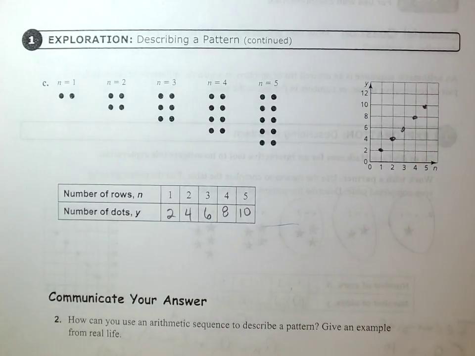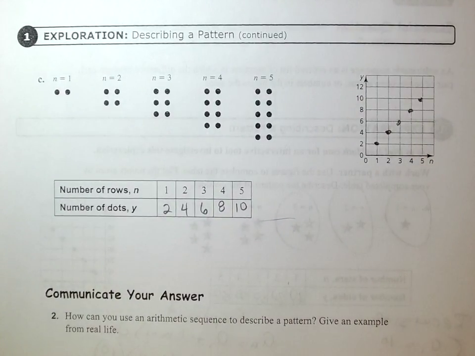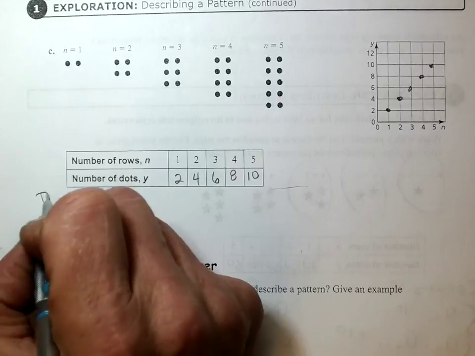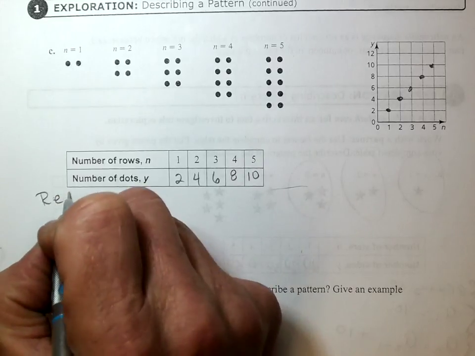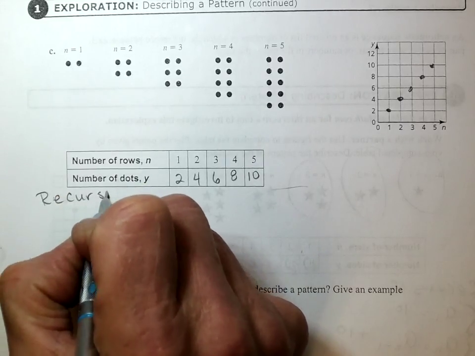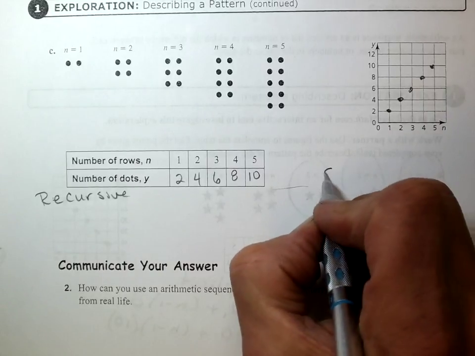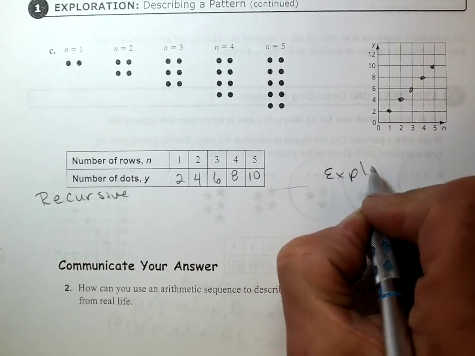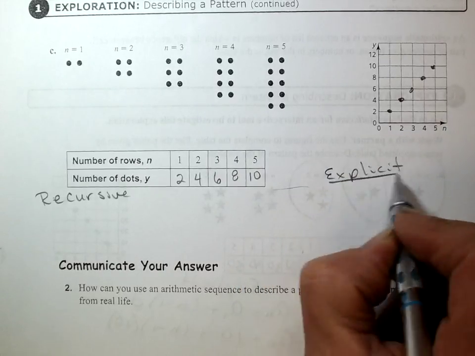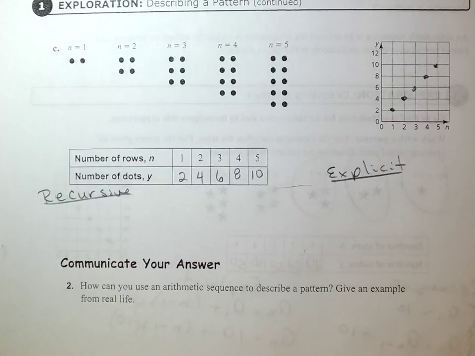And then I'd like to see if you can make the explicit or the recursive. Let's see if you can do the recursive, and see if you can make the explicit. See if you can make a formula for both.